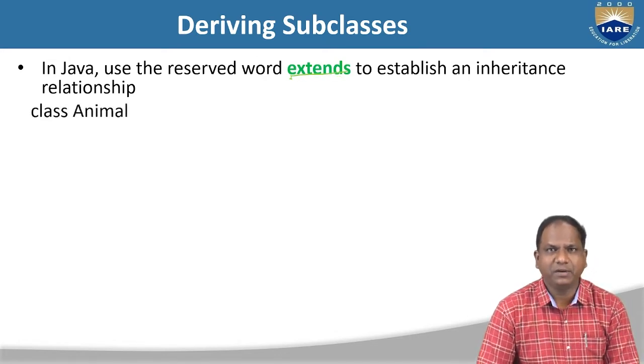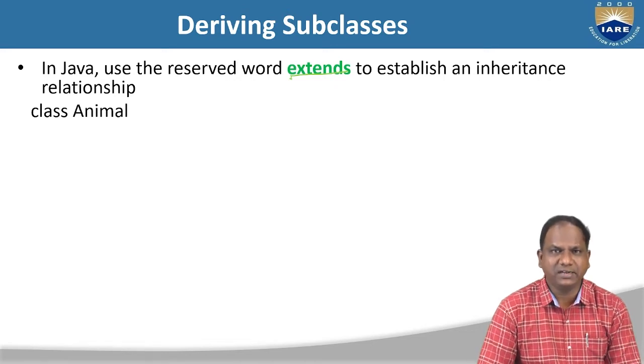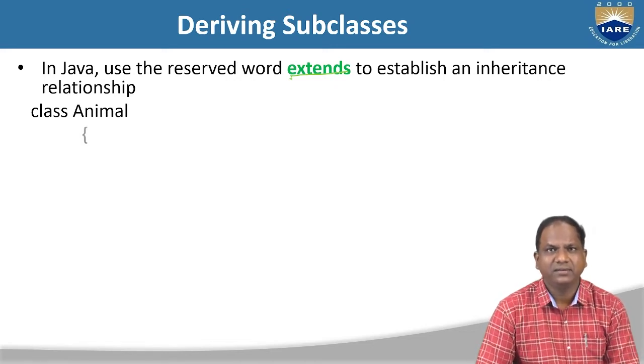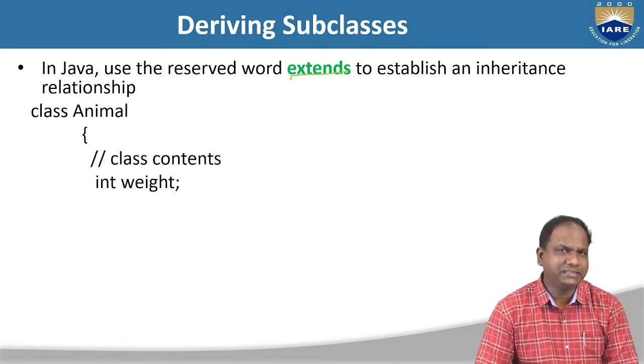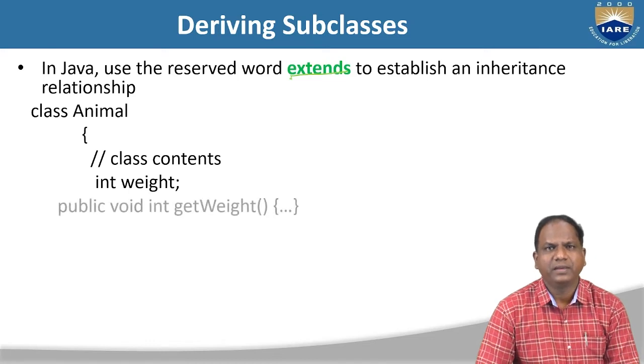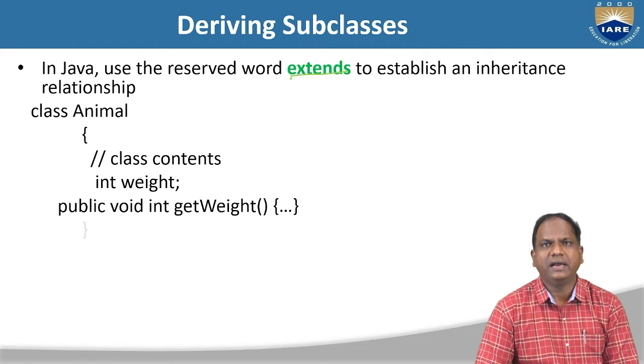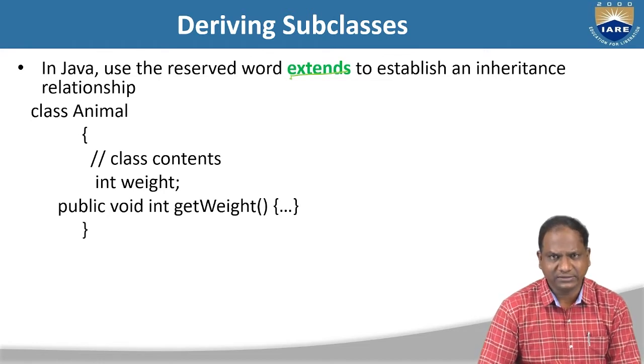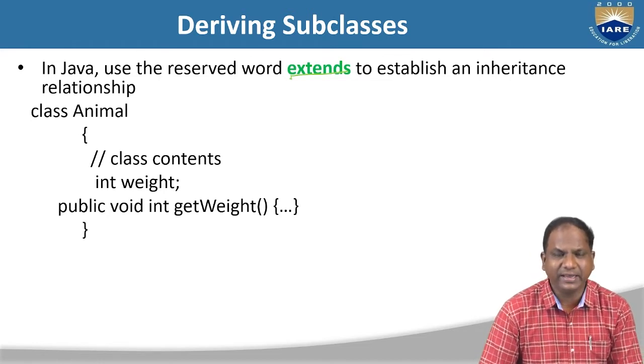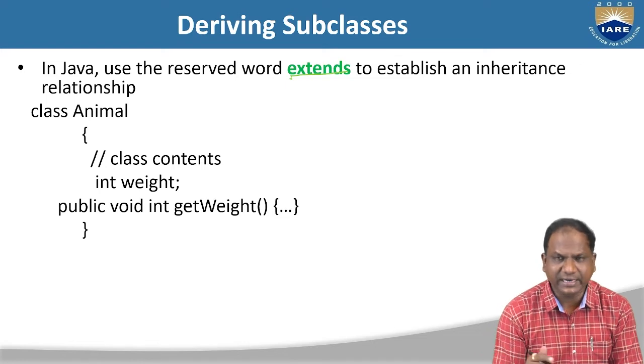Now see an example: class, then the name of the class. In our example, Animal. I wrote a class called Animal. I wrote its contents, like in our example, weight. I have one method, int getWeight, which is a public method. I have closed the Animal class. So first of all, I am declaring a parent class. It contains members.